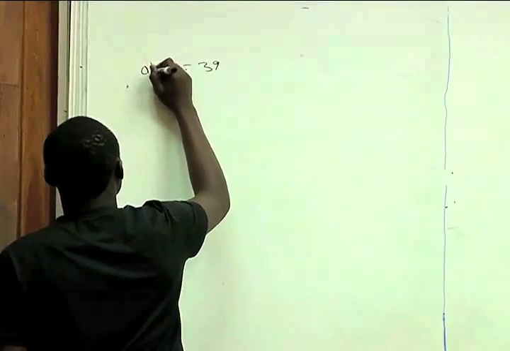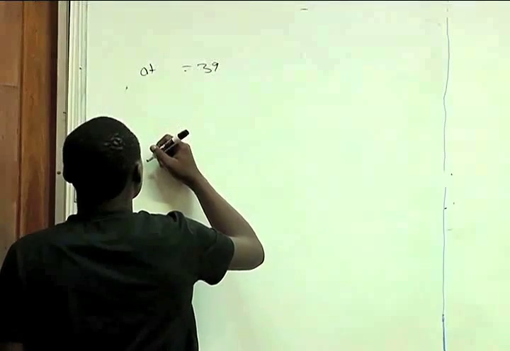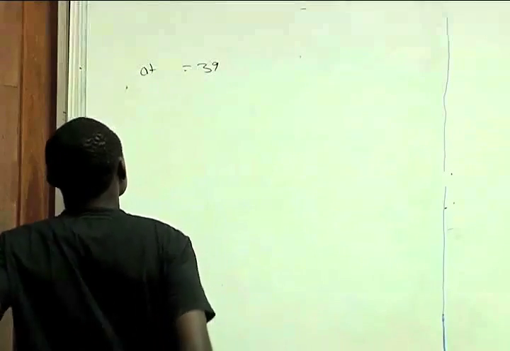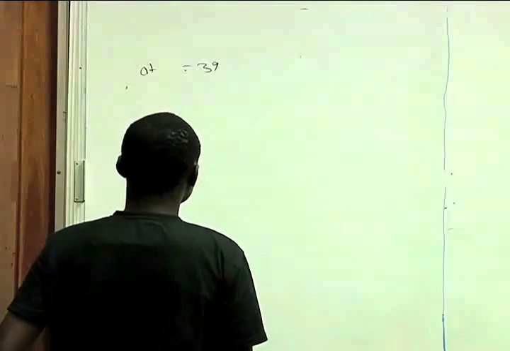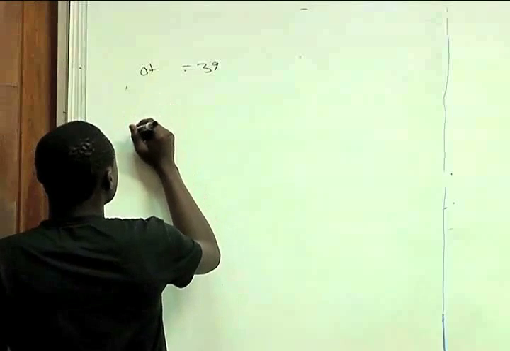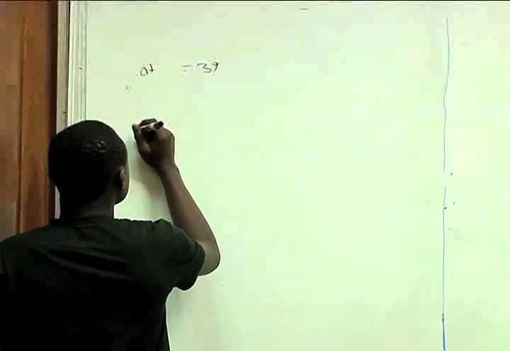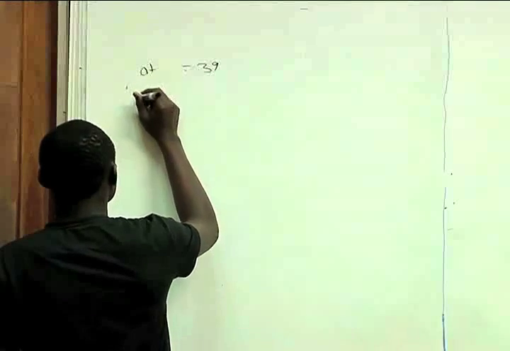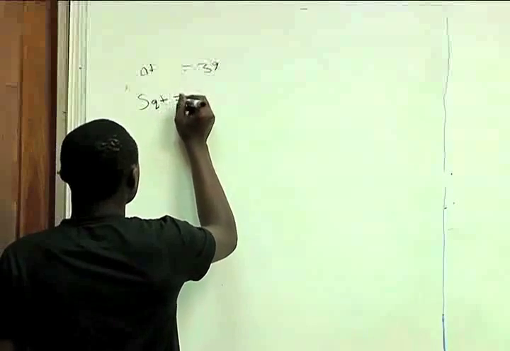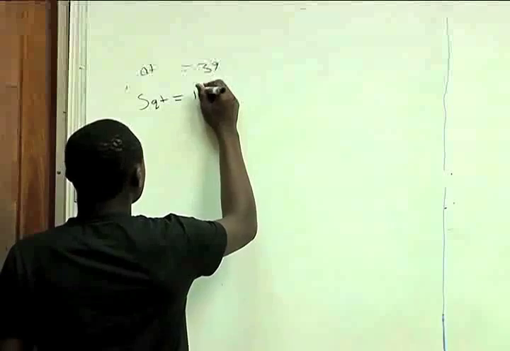Now the total age equals 1170. Total age is the sum of quantities, so SQ teacher equals 1170.